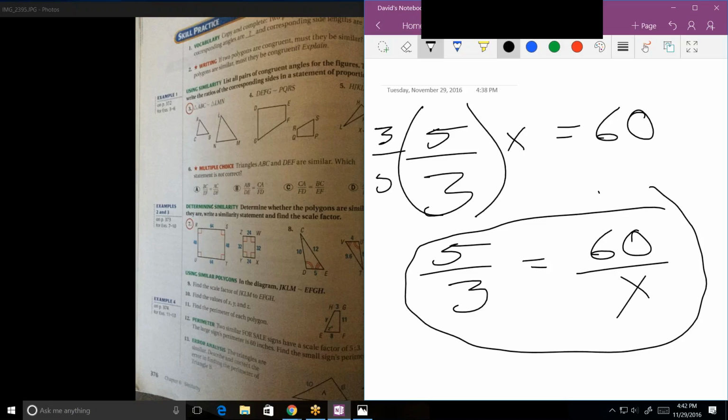You really want to multiply both sides by the reciprocal. Rather than multiplying both sides by 3 and then dividing by 5, just do it all in one step. Whenever you have a fraction as a multiplier and you're trying to get rid of the fraction, you can always get rid of it by multiplying by the reciprocal, as long as you do both sides.